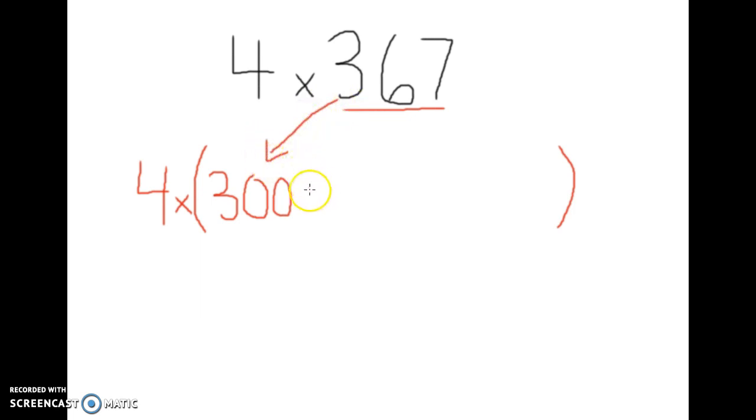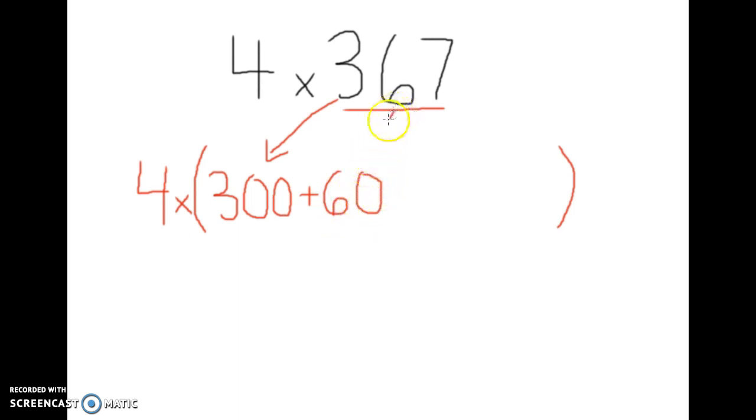Then we're going to put an addition sign. Next, we're going to look at our tens place. We've got a 6 here, so we know that means that there are 6 groups of 10 in the number 367 for the tens place. So we're going to bring our 6 down, make that 60, because 6 groups of 10 equals 60.